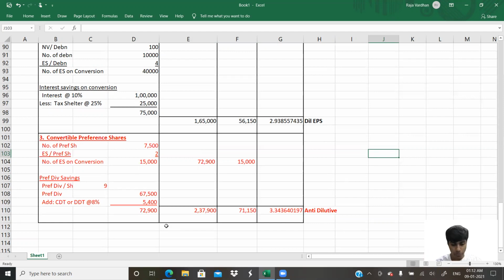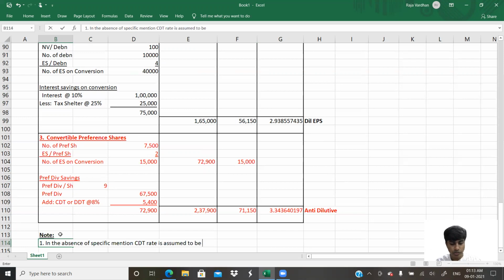Yeah. Two important points. Number one, I'll write here, note. Two important notes to be written. Number one: in the absence of specific mention, CDT rate is assumed to be net.